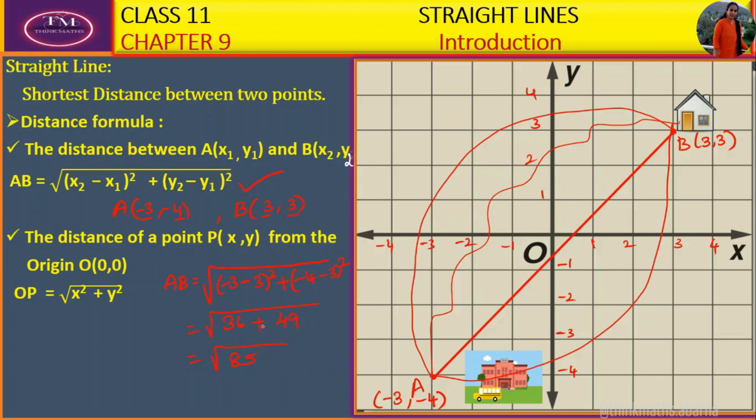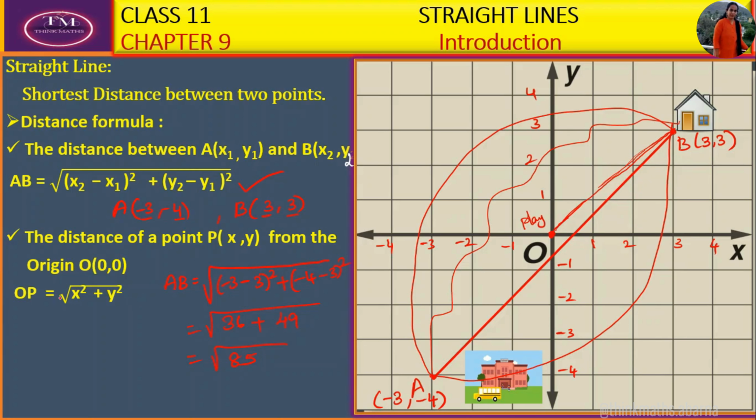Okay, clear? Now suppose one point is at the origin. So this is the origin, which you can think of as the playground. If it is the playground or park, what will be the distance between the playground or park and the home?